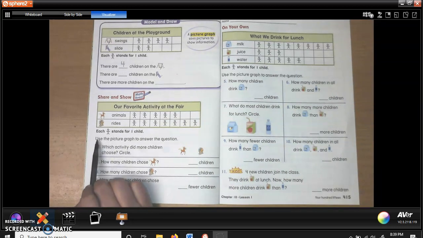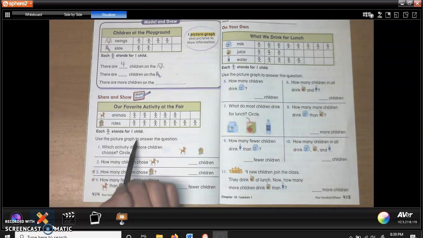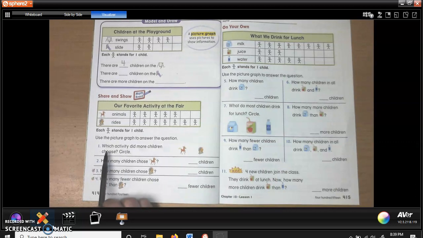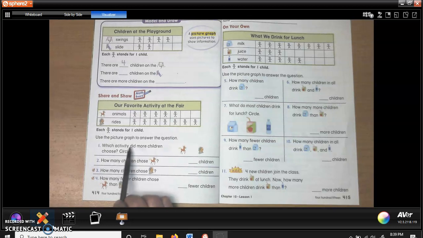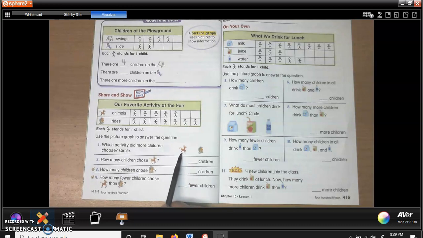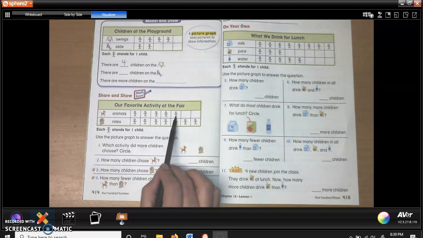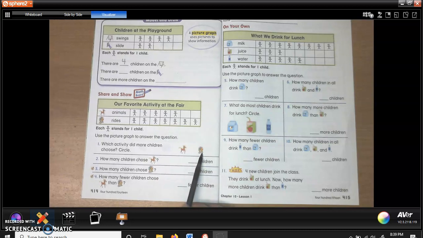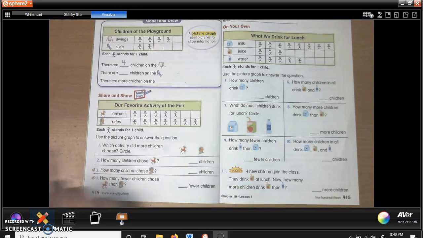Okay, so it says we are going to use the picture graph up here to answer the questions down here. So number 1 says, which activity did more children choose? Circle your answer. So did more children choose animals, or did more children choose rides? Go ahead and circle your answer.